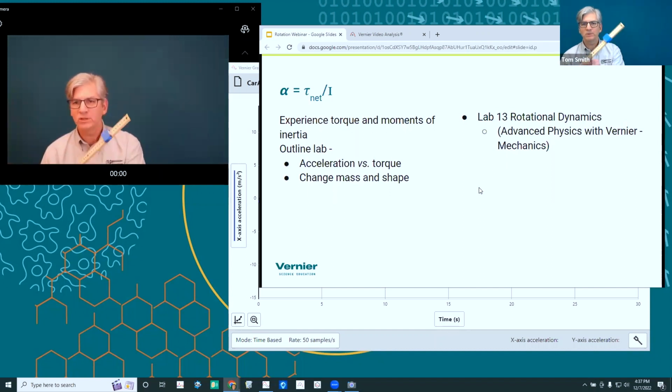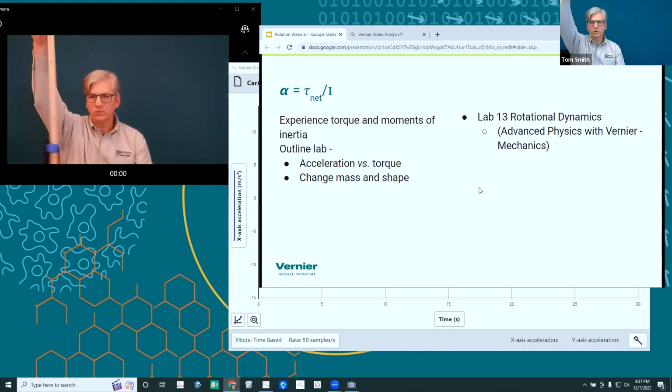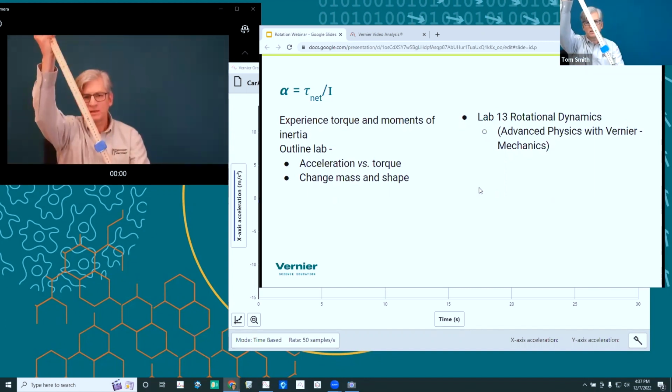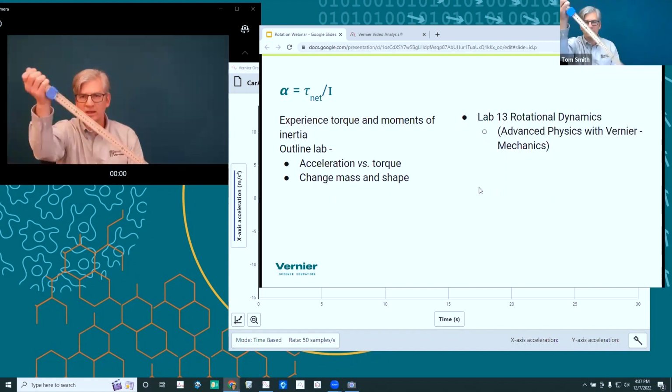And what I would typically do is I would either tape a mass onto a meter stick, or I would give them a balsa stick and a styrofoam ball that was put on the stick so that they could experience rotating it, with the mass at the end where they're having to physically rotate it, or rotate it with the mass close to their hand.